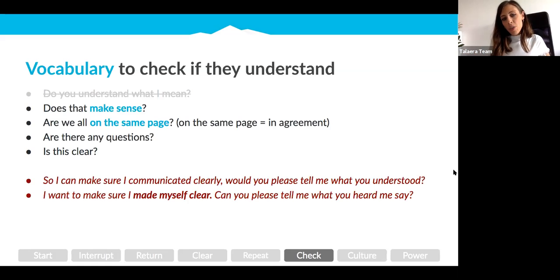And I added two more, so I can make sure I communicated clearly. Would you please tell me what you understood? Or I want to make sure I made myself clear. Can you please tell me what you heard me say? These two sound a bit harsh in English, so be careful when you use them.